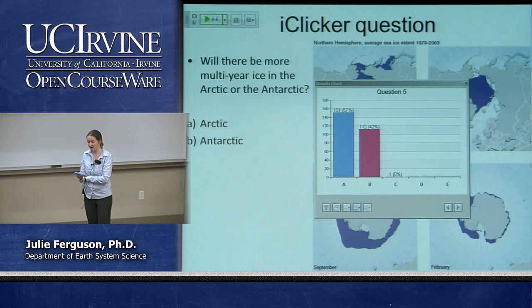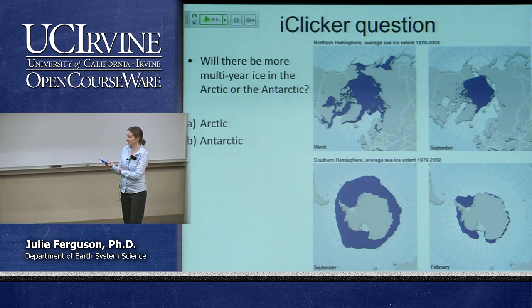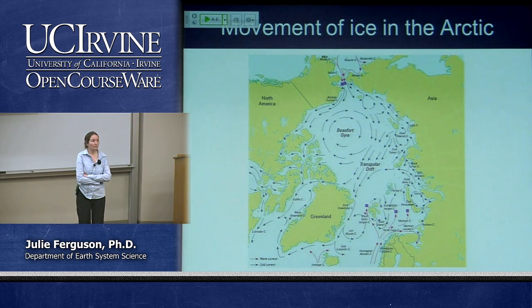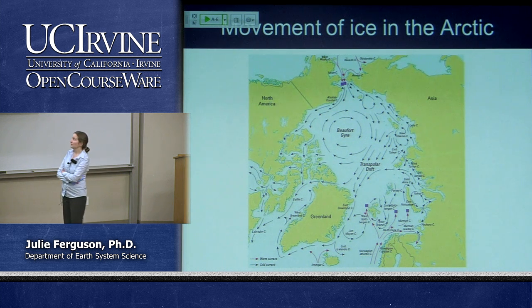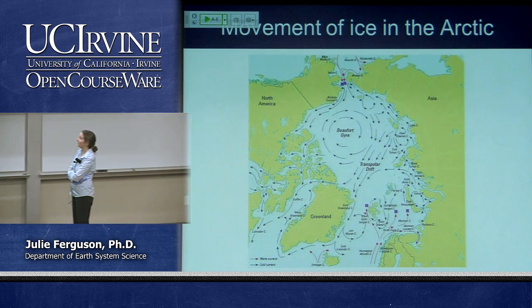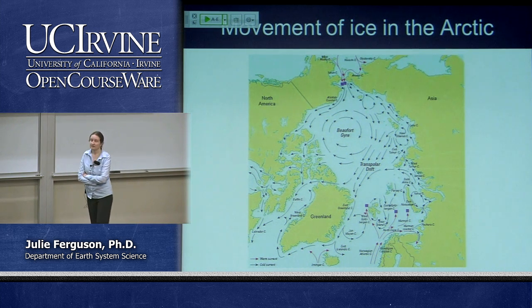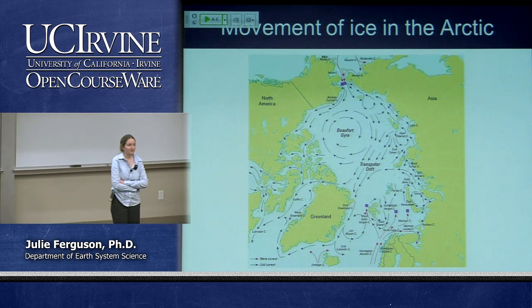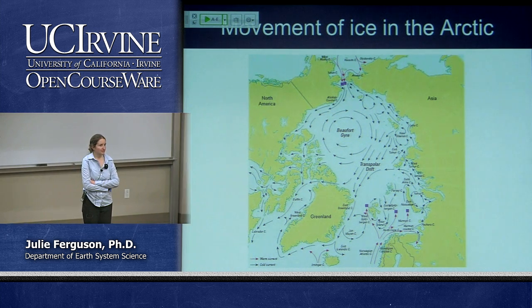So let's have a think about this. Okay, let's go back a second. Let's think about what ice would do in the Arctic Ocean. If my ice forms somewhere off North America, what's it going to do? Is it going to head off somewhere warmer and melt? What's it going to do, most likely?